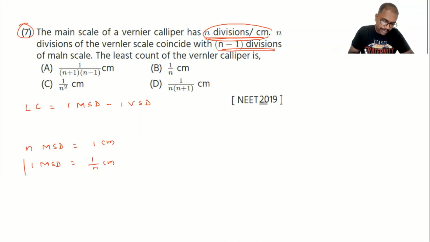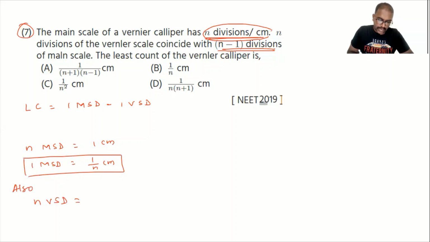Also, they have given n divisions of vernier scale: n vernier scale divisions is equal to n minus 1 main scale divisions.